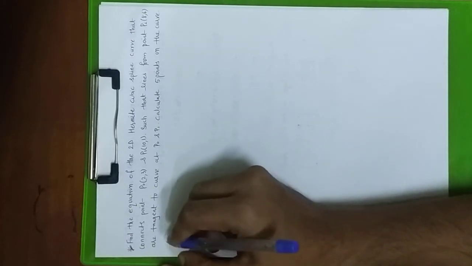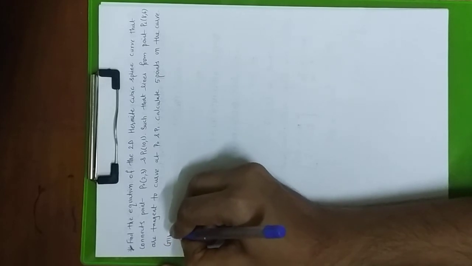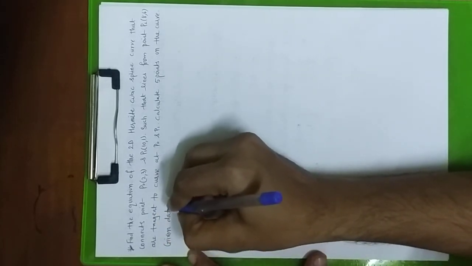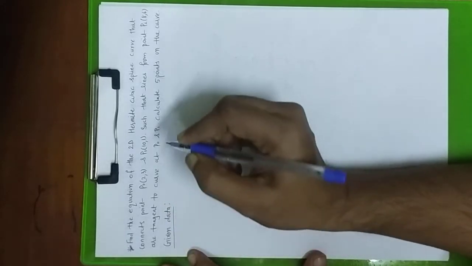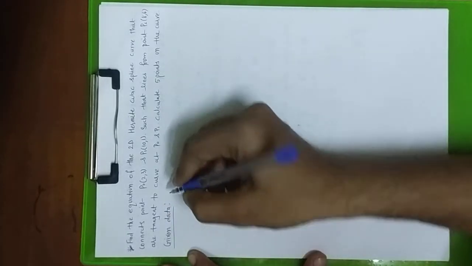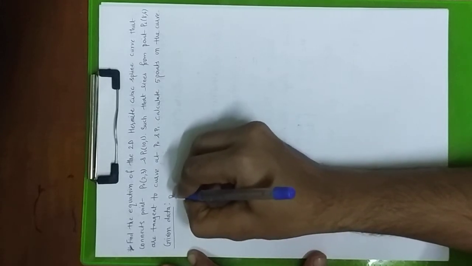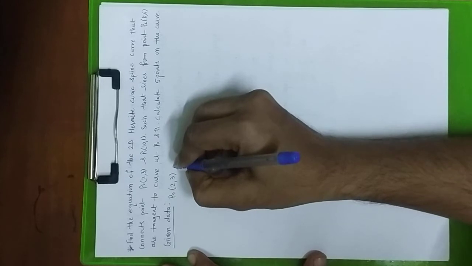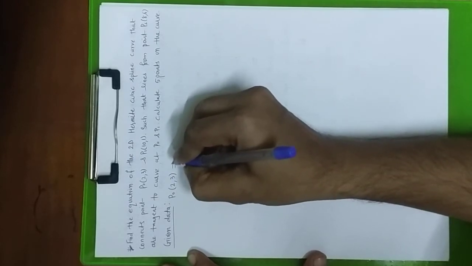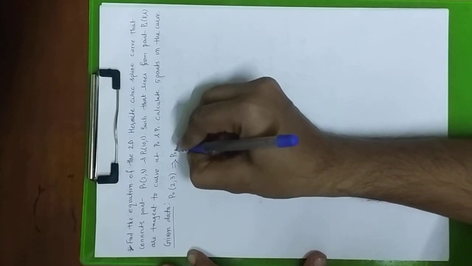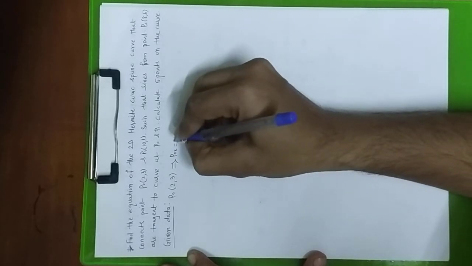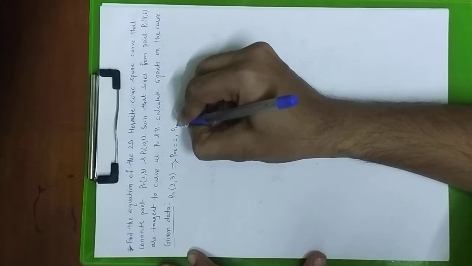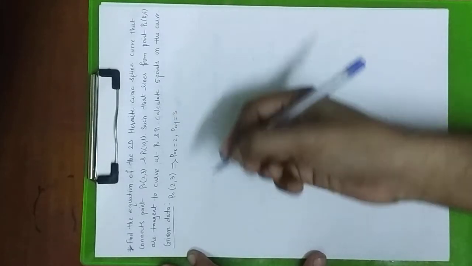what is given in the question? Given data. Okay, so P0 is given, P0 (2,3), that is P0x is 2 and P0y is 3.